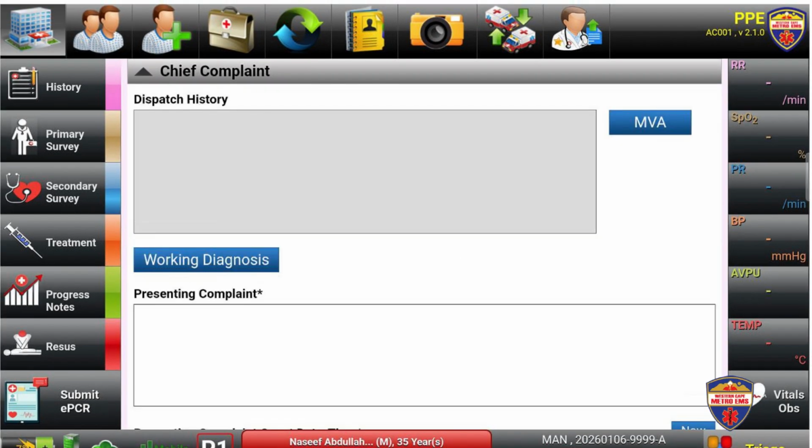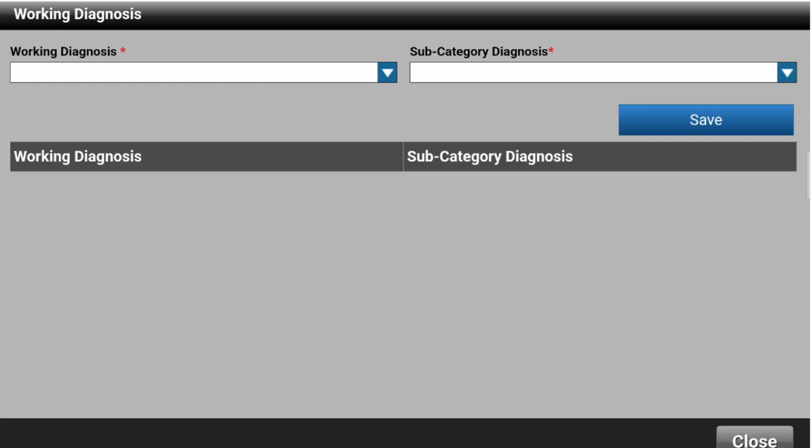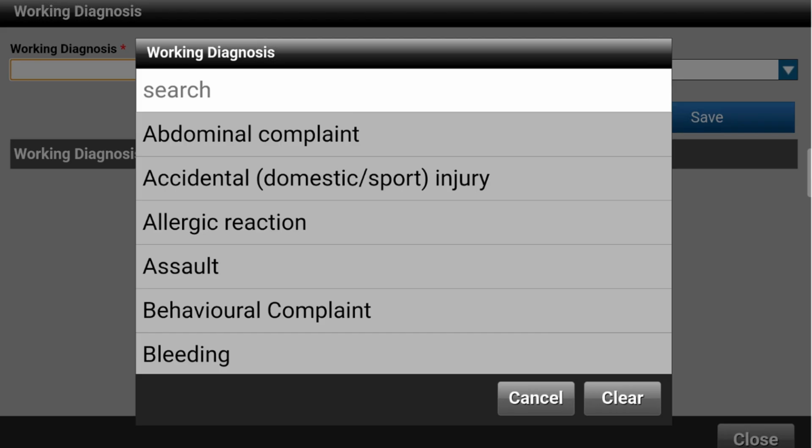The chief complaint should be used to record information related to patient history, detailed patient history, event of a transfer, assessment, management, and interventions performed prior to your arrival. Alternatively, add a picture of the healthcare facility notes. Ensure that the working diagnosis is closest matching the patient diagnosis.